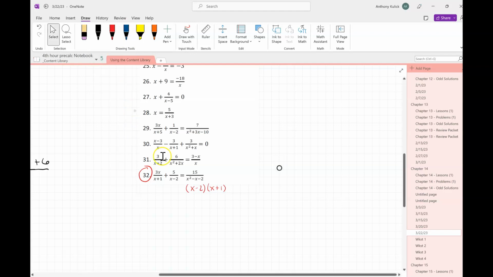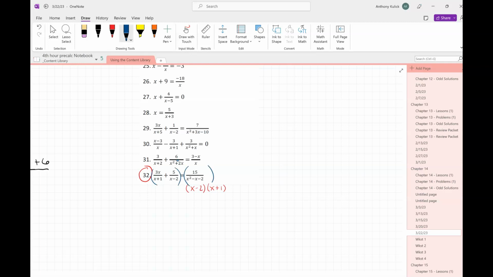And then I want to multiply both sides of this equation so that there won't be any denominators left when I'm done. If I multiply by x minus 2 times x plus 1, that ought to do it.